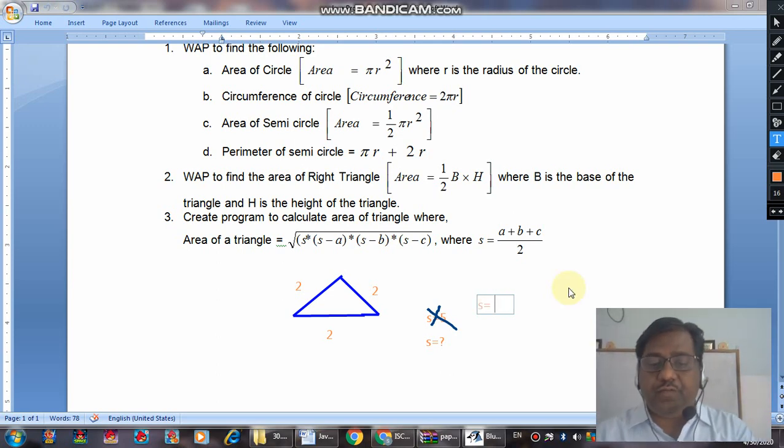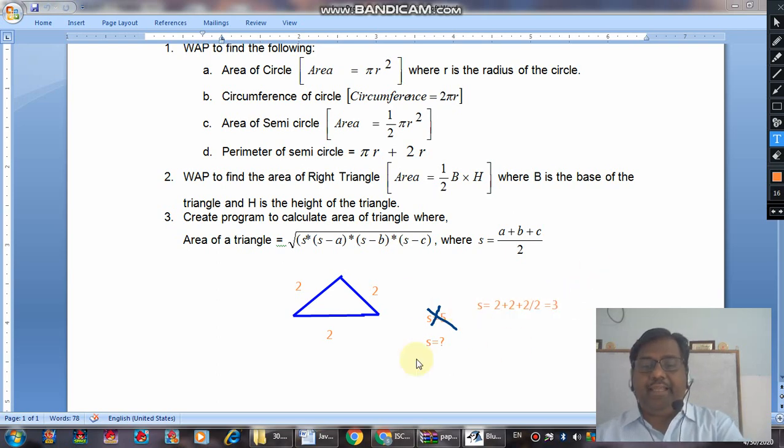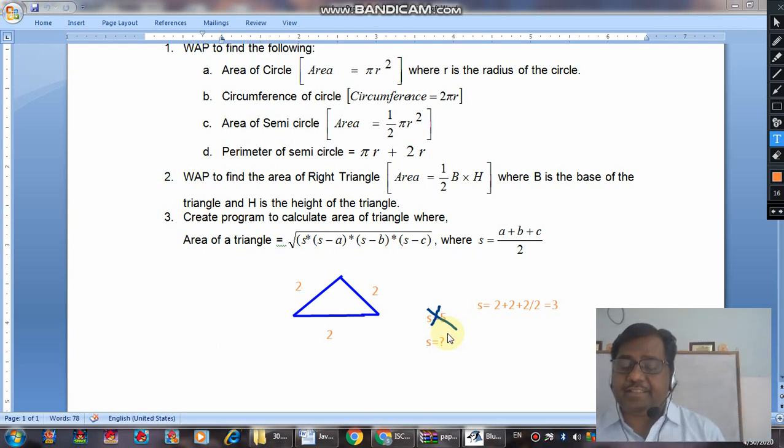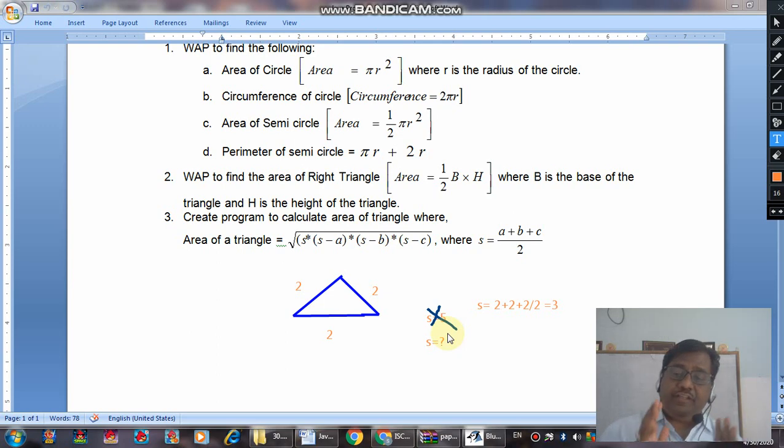That means S will be 2 plus 2 plus 2 divided by 2, which means 6 by 2, and the answer will become 3. S is the semi-perimeter, which is calculated by adding the 3 sides and dividing by 2.